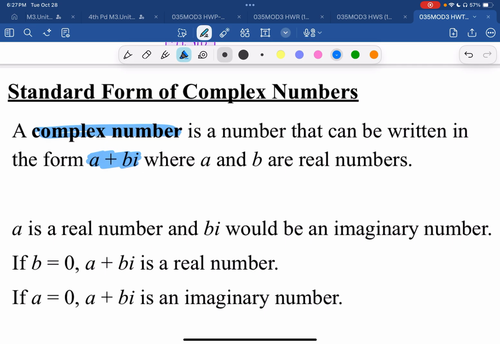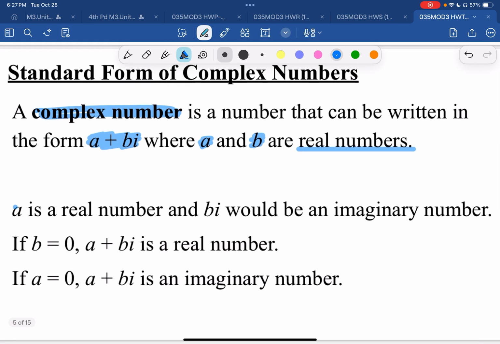So we're going to have two parts. a and b are both going to be real numbers. a is going to be the whole real part, so that's our entire real number. bi, the part with the i, is going to be the imaginary part. So you've got a real part and an imaginary part.